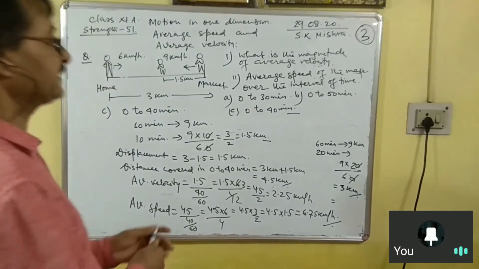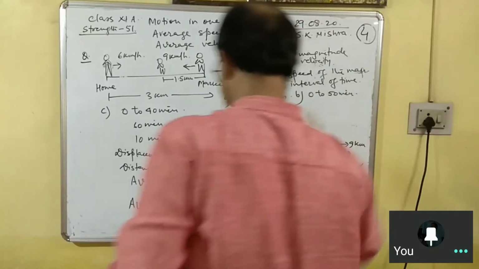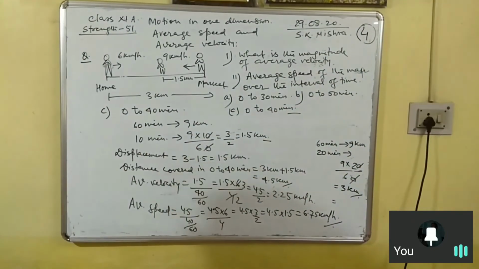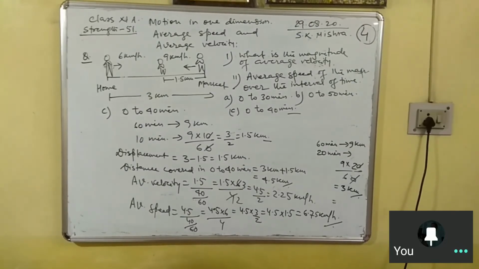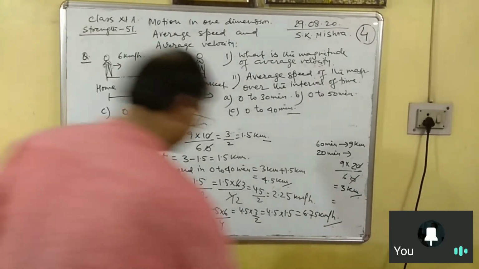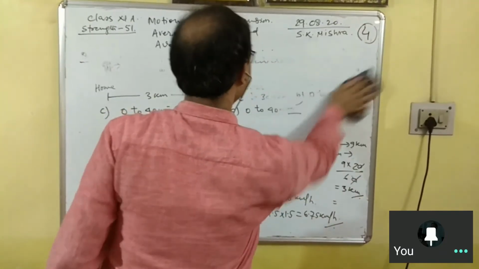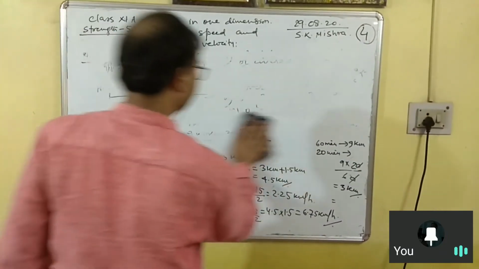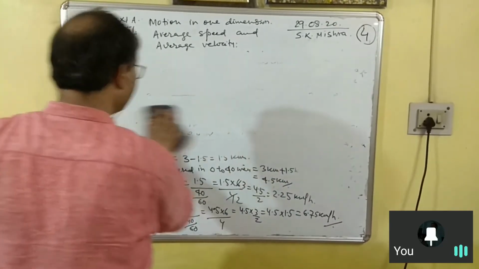Okay, take the snapshot. This one is page number 4. Taken. Okay, now starting some concept of relative velocity. Relative velocity in one dimension.